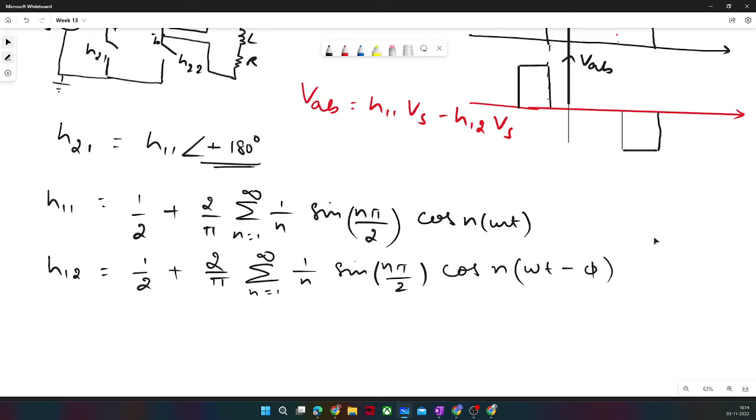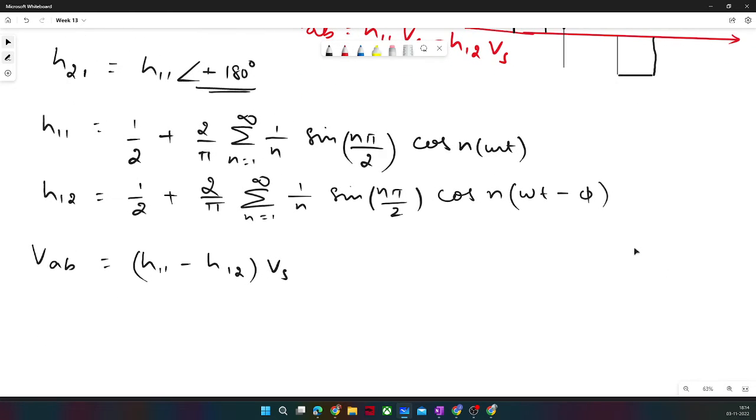Now we can easily write VAB, that is nothing but H11 minus H12 into Vs, and when we do the subtraction, this half and this half portion will get cancelled, and we would be left with 1 by n sine n pi by 2.